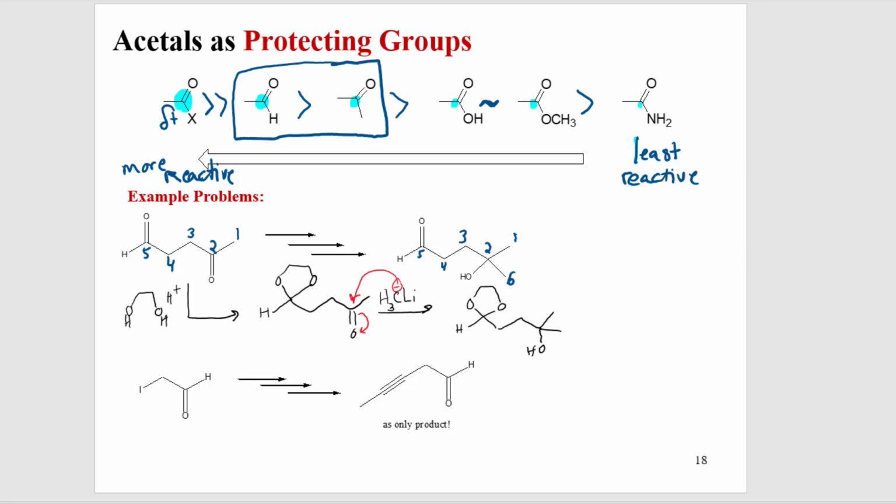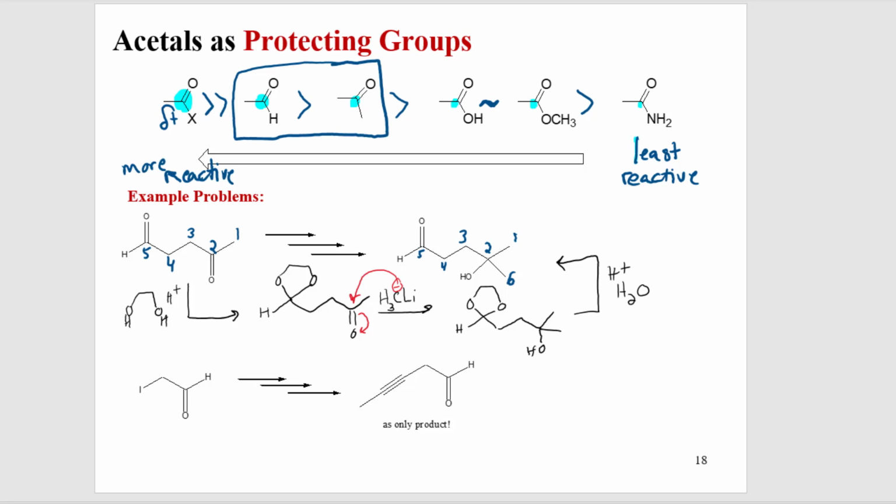And then I can release the acetal by driving water back on and reforming your carbonyl. So there's a designed synthesis using a protecting group, using an acetal as a protecting group.